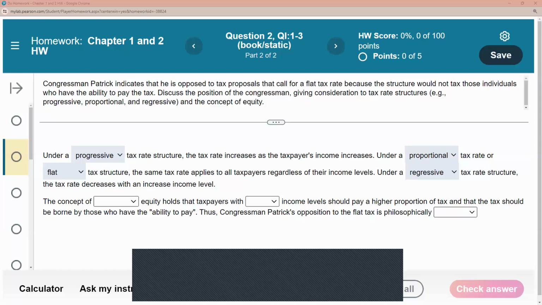So as it relates to equity, it's a rather obvious criteria that a good tax structure should be equitable or fair to taxpayers. However, unfortunately, what might be considered fair to one person is not considered fair to another. So fairness and equity is considered relative in nature and obviously can be difficult to measure.